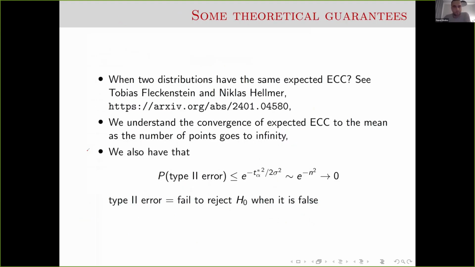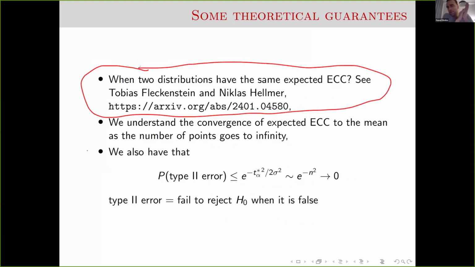If you want to understand which distributions have the same expected Euler characteristic, I think Niklas, one of the authors of this work, is in the audience. However, again, it's really hard. If you know how to find examples of two different distributions that have the same Euler characteristic, you will find them. But let's say they're not present in nature. We are really testing the hypothesis that they have the same expected Euler characteristic.